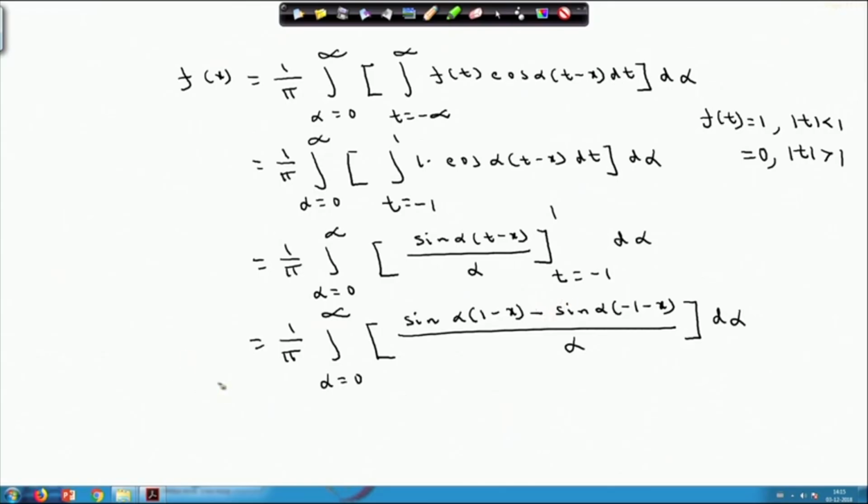So effectively f(x) equals this integral.